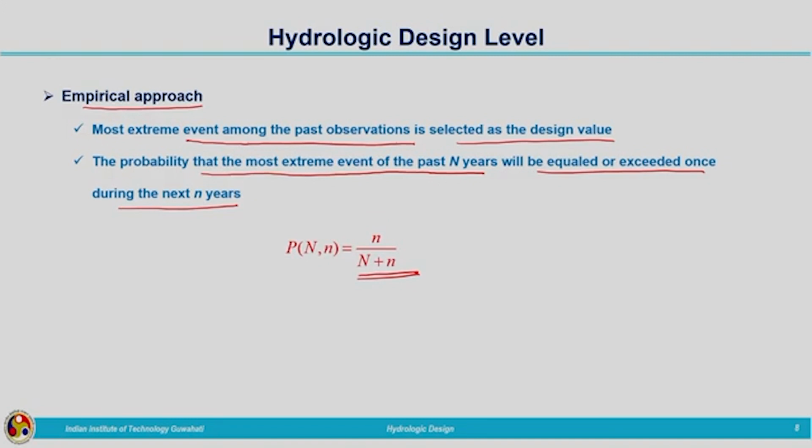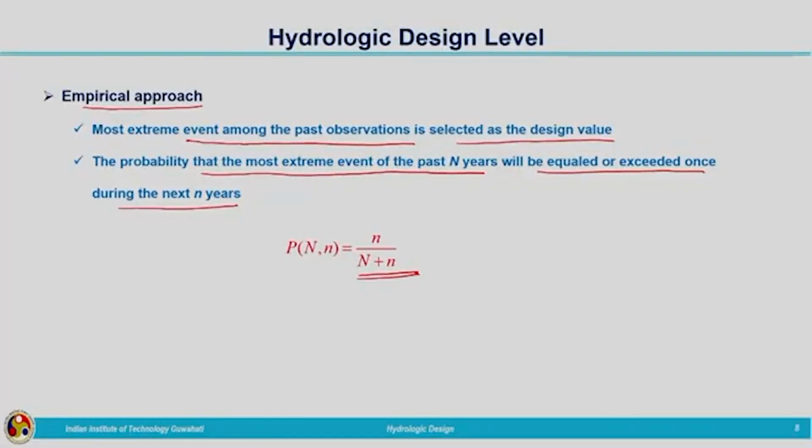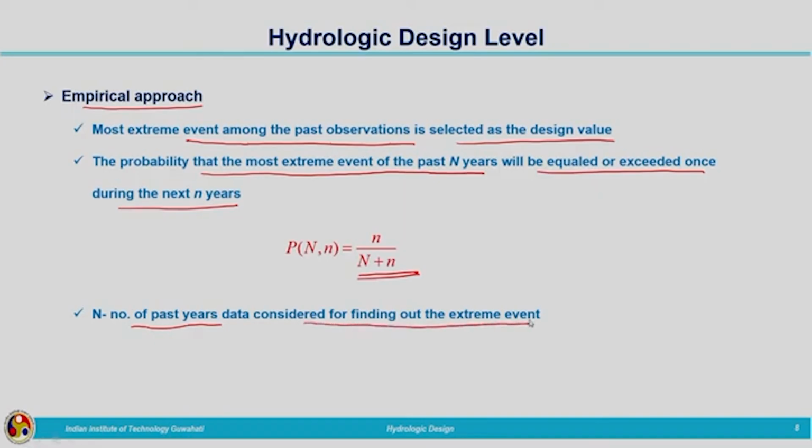That is, we need to find out the probability of occurrence of an event having a specific magnitude which is equaled or exceeded in the coming small n years. That is the difference. Small n is representing the future years and capital N is representing the past years which we have considered as far as the data is concerned. That is, capital N is the number of past years of data considered for finding out the extreme event, and small n represents the number of future years. So, this is the way we will be finding out the probability of the particular event having a certain specified magnitude.